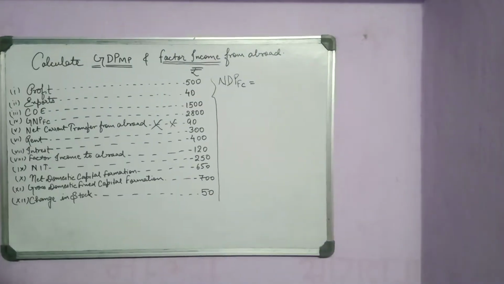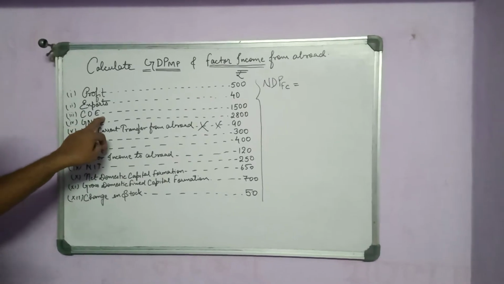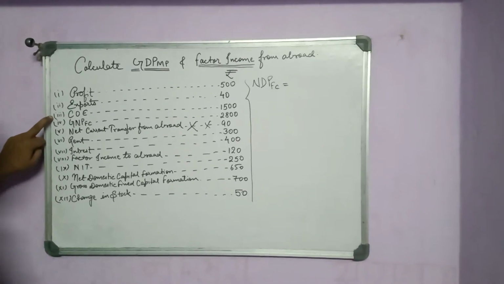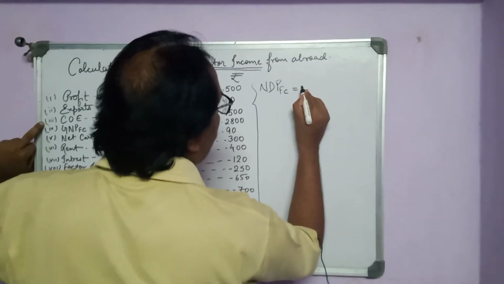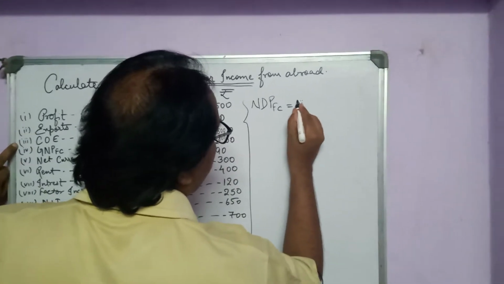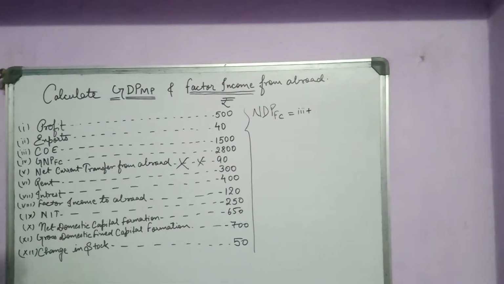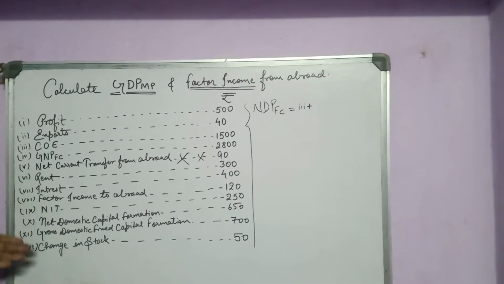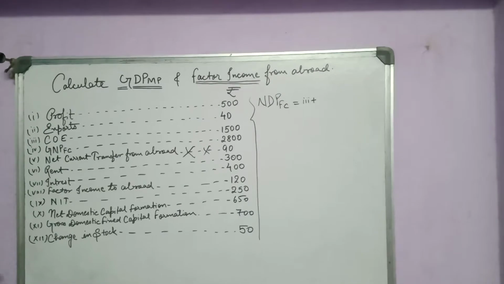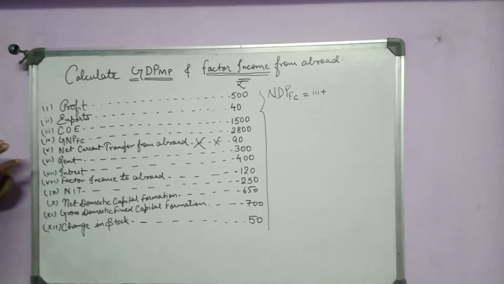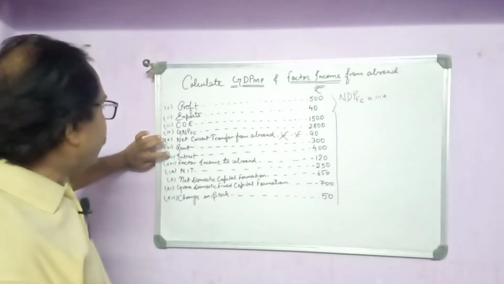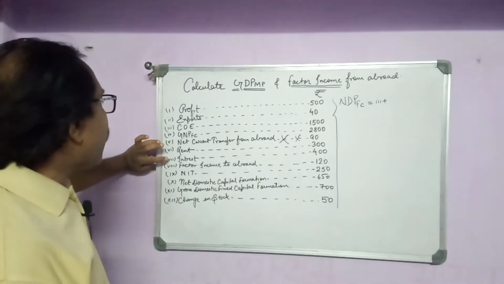NDPFC is equal to, first, compensation of employees, given at point number 3. Plus second is the operating surplus. Operating surplus is not given in this data, so we will calculate it with the help of its components: rent, interest, profit and royalty.